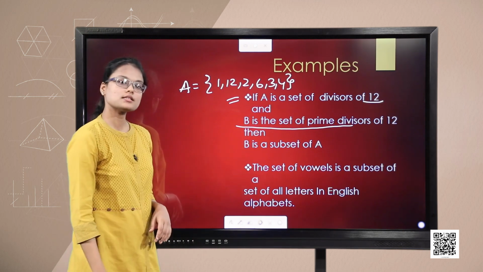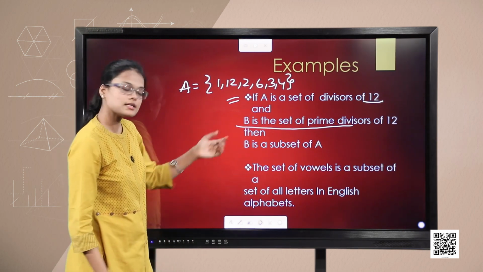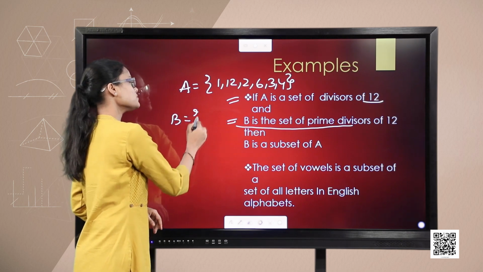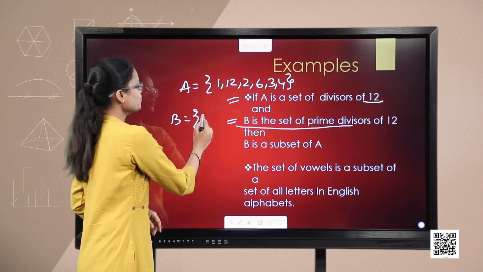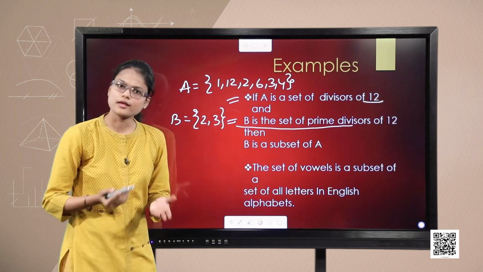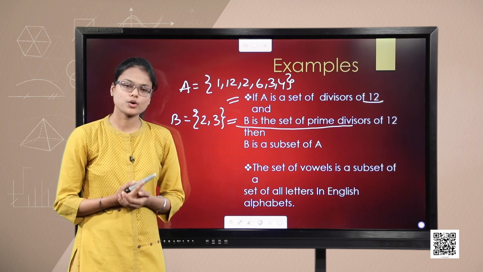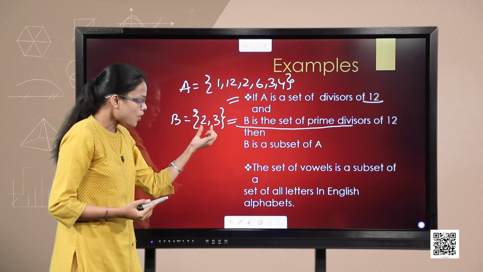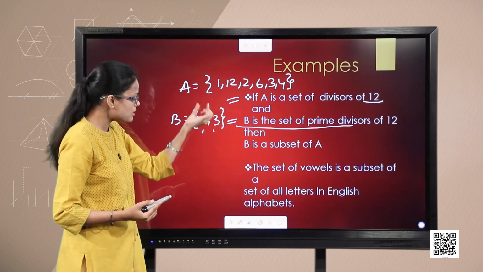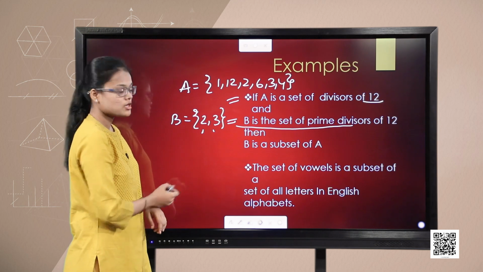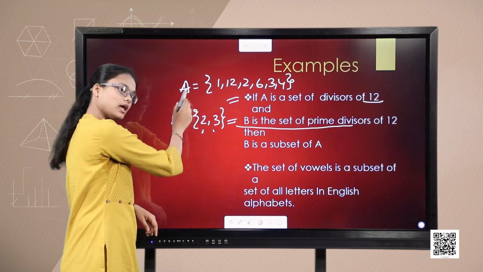These are the divisors. And what are the prime divisors of 12? So, set B becomes {2, 3}. And again, what does the definition of a subset say? Every element of B has to be an element of A, and yes, we can see 2 and 3 are also members of A. So, B becomes a subset of A.